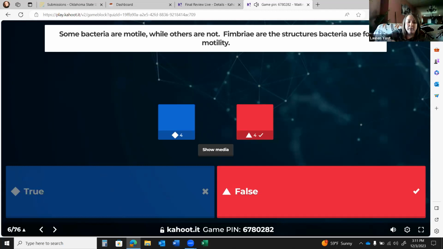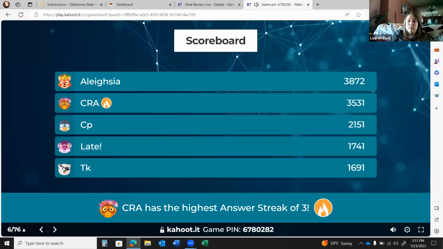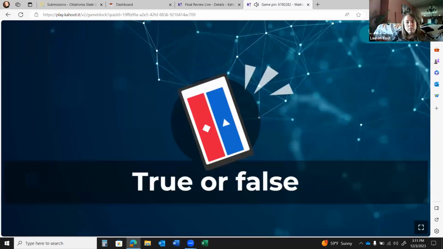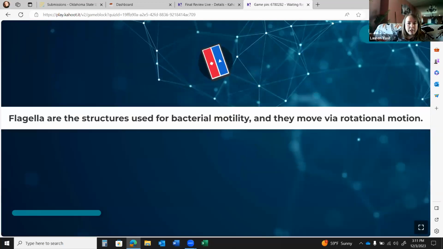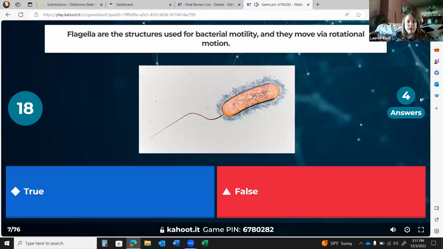Fimbriae are for attachment. Okay, flagella are the structures used for bacterial motility, and they move via rotational motion. So do they move rotationally, or that's really what the question is going to ask here.